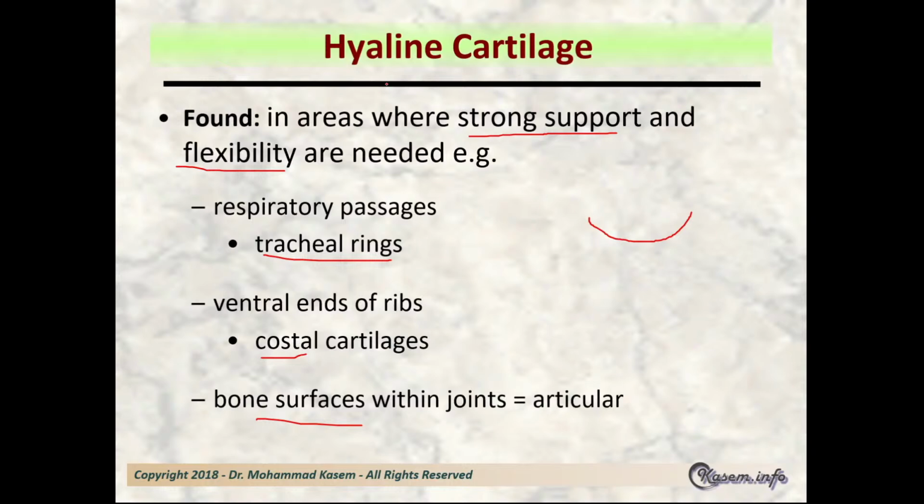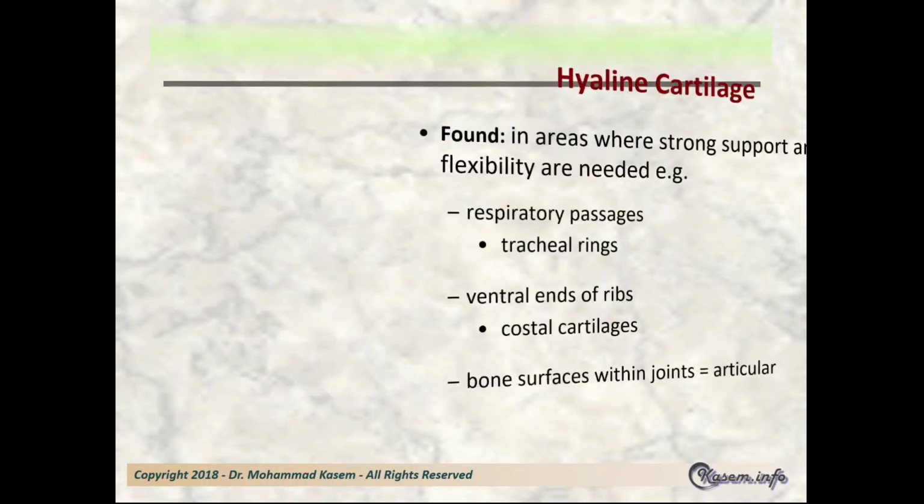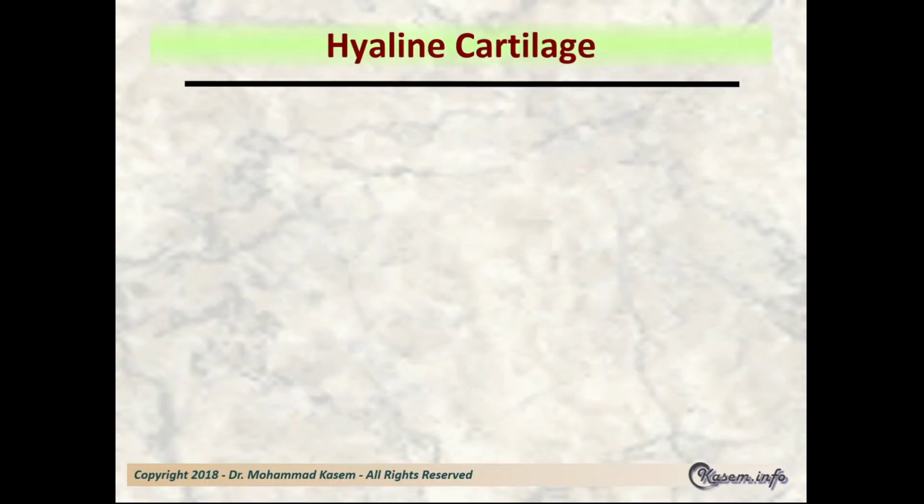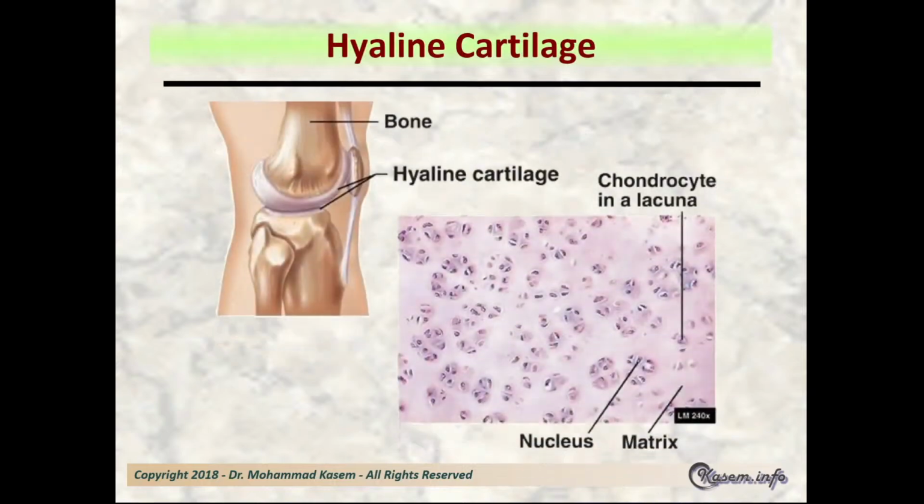We have to say that in the articular cartilage, this type of hyaline cartilage does not have a perichondrium. It doesn't have a perichondrial layer, and it is nourished by the synovial fluid.